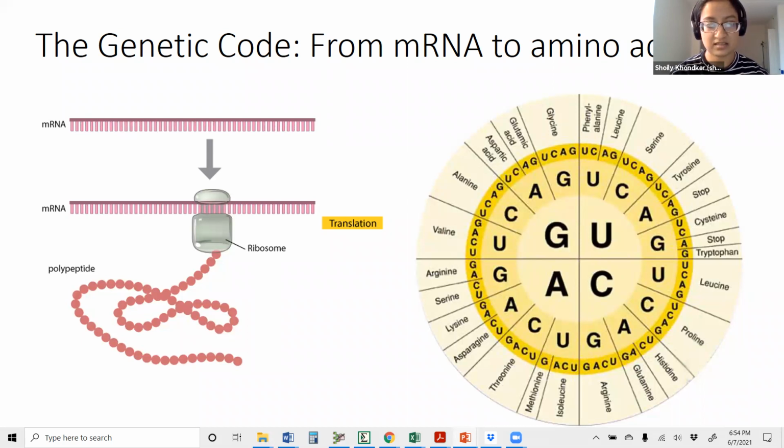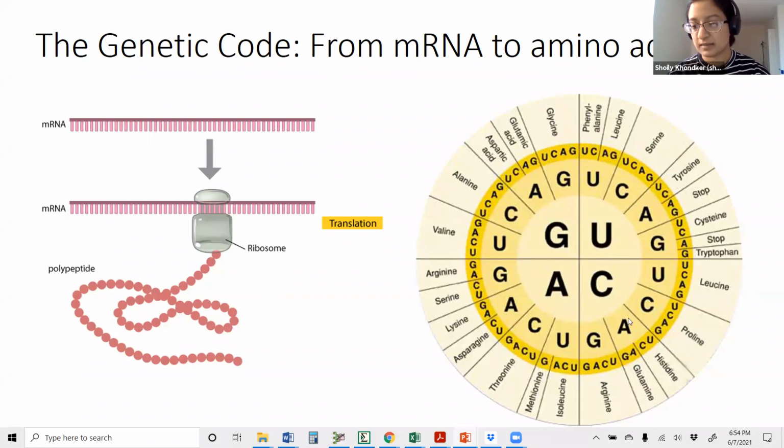Those are sets of three nucleotides. This wheel here is the genetic code. So each combination of three nucleotides will yield a certain amino acid, which is listed on the outer rim here.